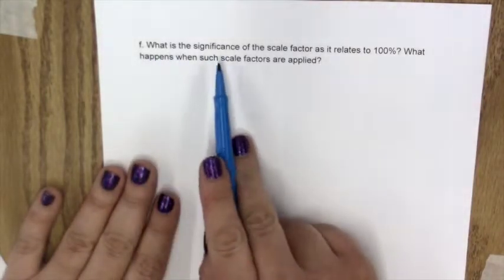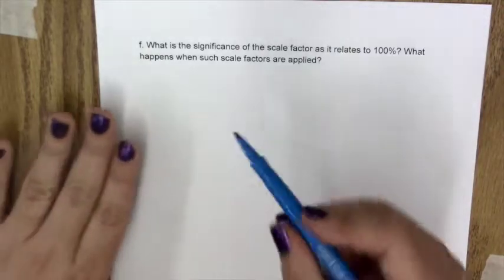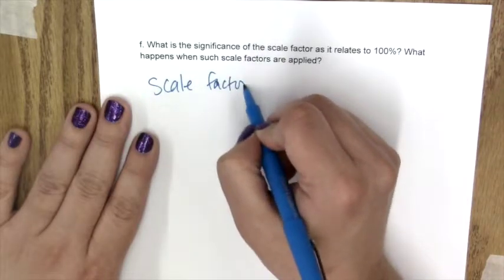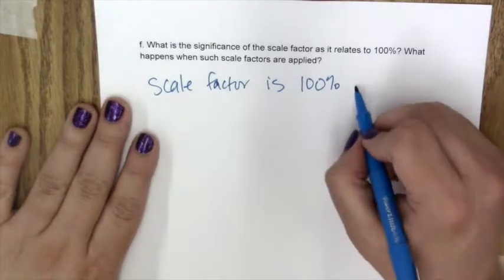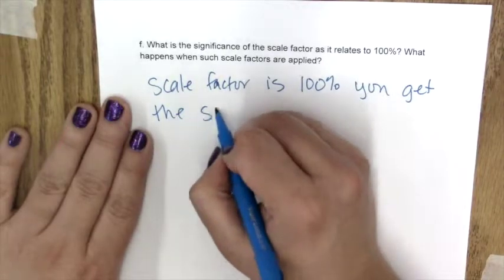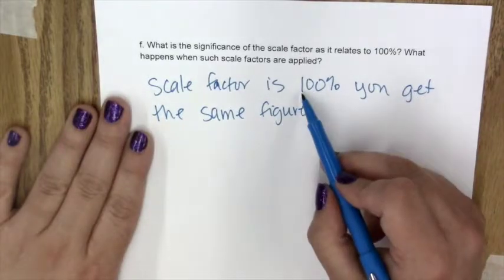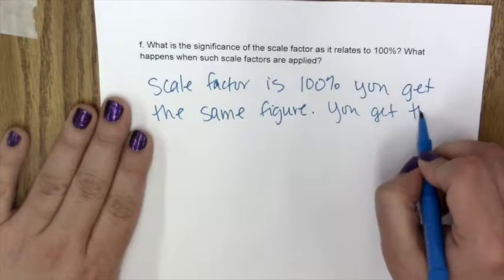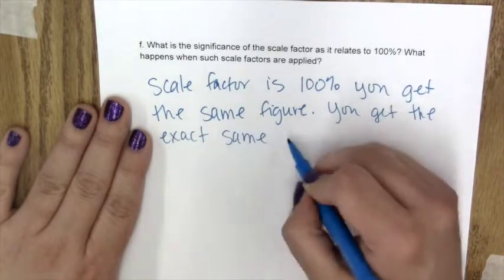Next question, what is the significance of the scale factor as it relates to 100%? What happens when such scale factors are applied? So when our scale factor is 100%, you get the same figure, meaning you get the exact same measurements.